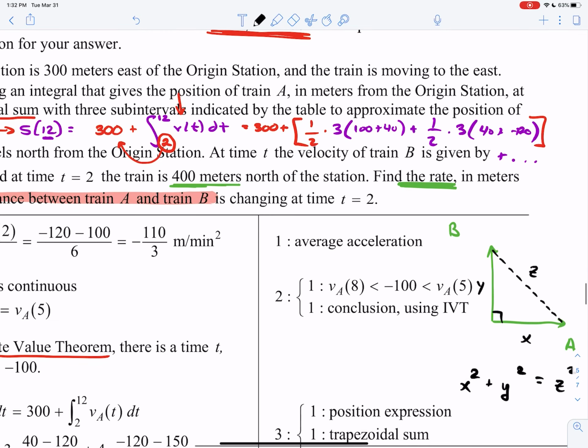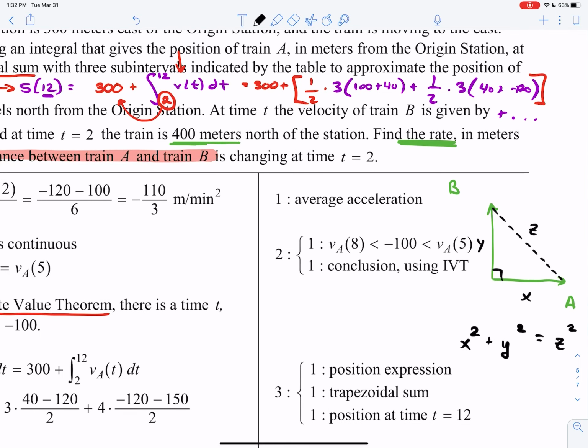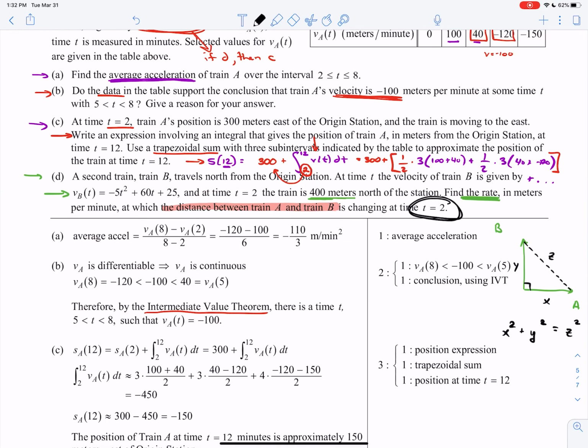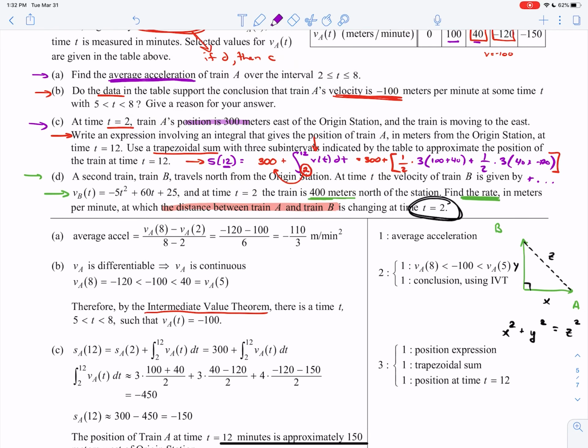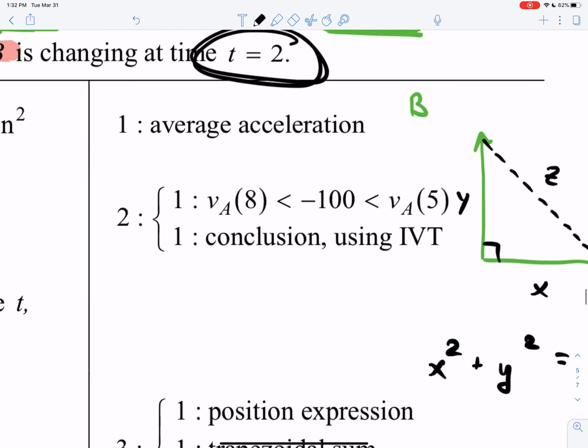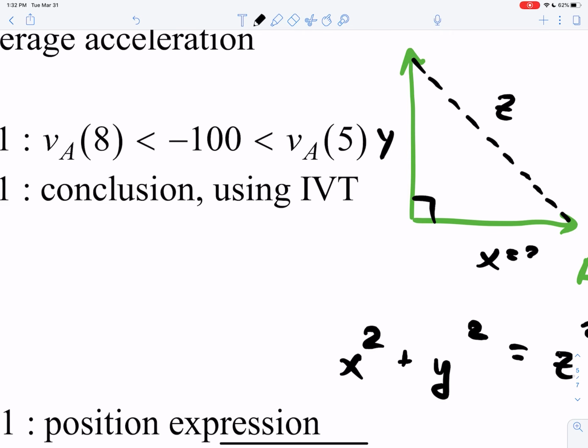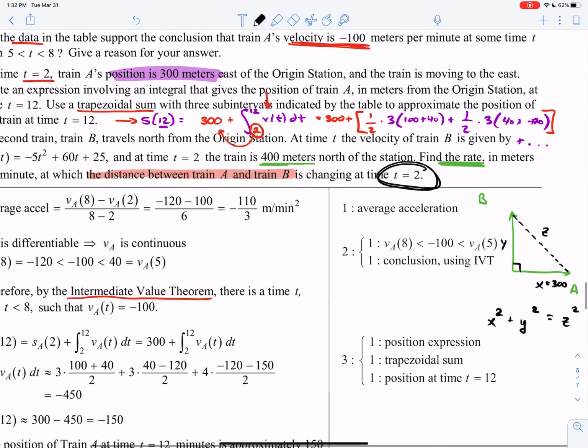At t equals 2, the horizontal distance, or the distance of train A, is going to be 300. They mention it right there in part C. So x is 300.